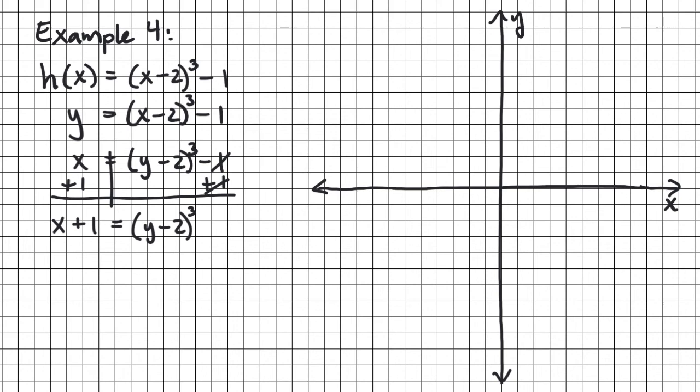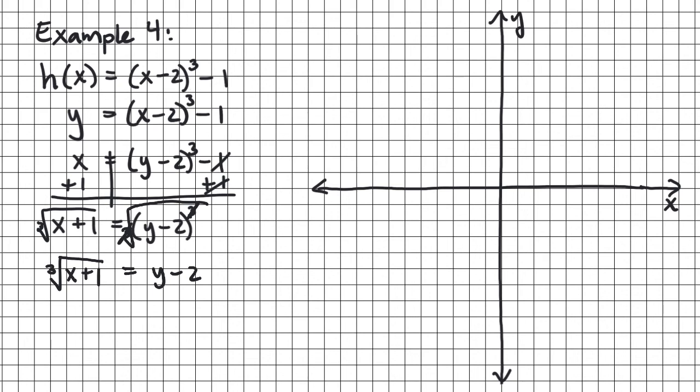Then to get rid of the cube power, I need to cube root both sides. So I end up getting the cube root of x plus 1 equals y minus 2, because the cube root and the cube cancel each other.